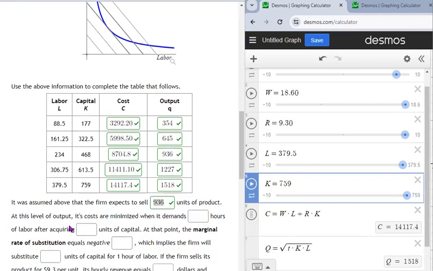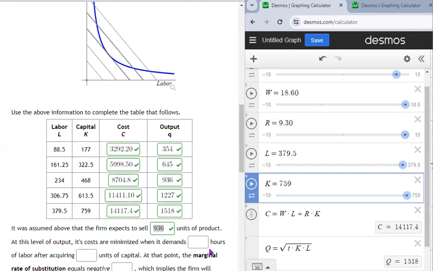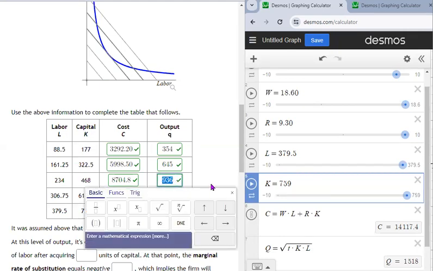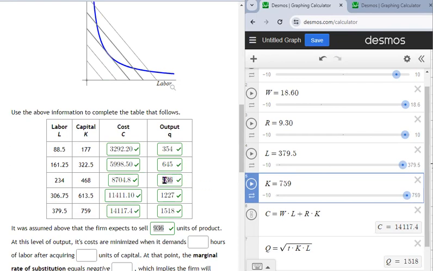Anywhere on this blue isoquant, the firm is producing 936 units of output. At this level, its costs are minimized when it demands how many hours of labor. So I'm in the third row. You might be in a different row. I'm in the third row, and the firm wants to hire 234 hours of labor, right?